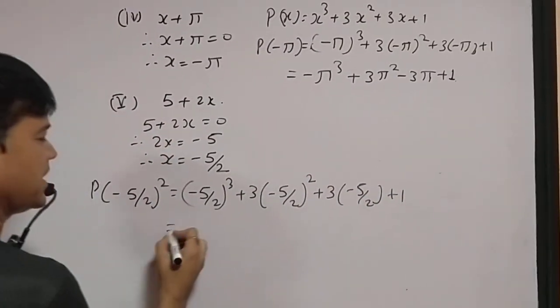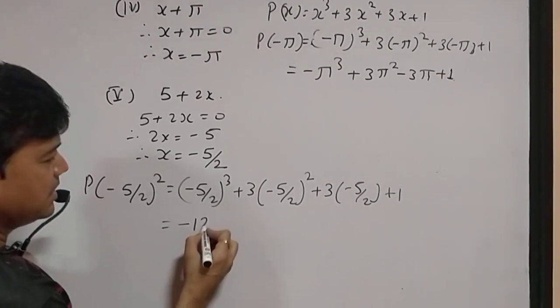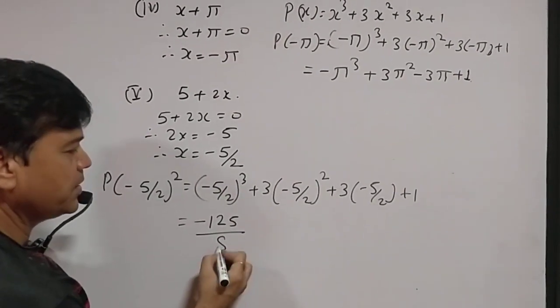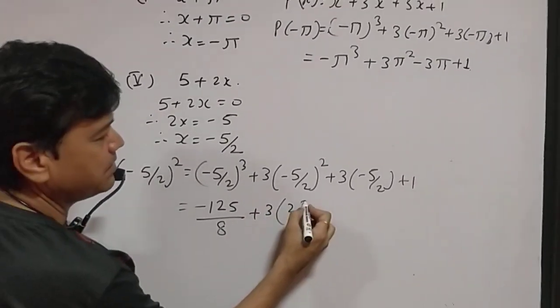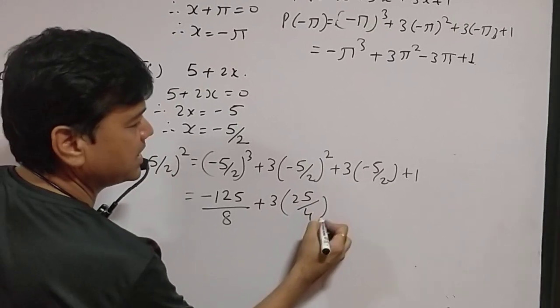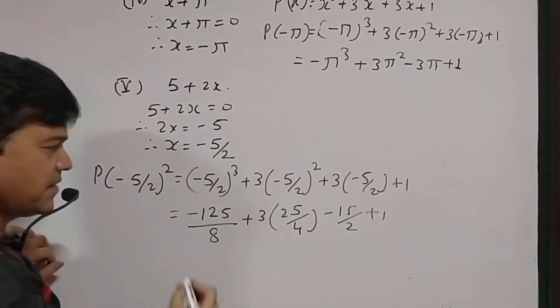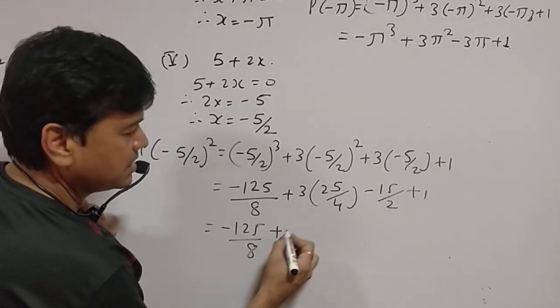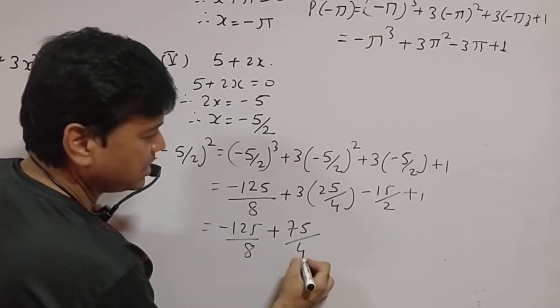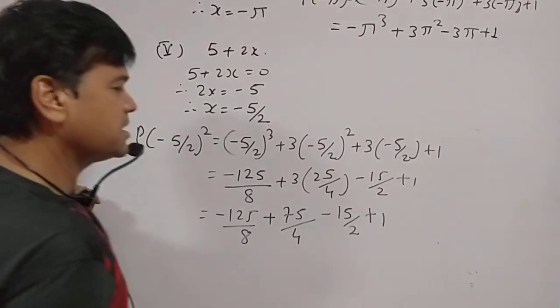Minus 5 cube is minus 125, 2 cube is 8. Minus 5 square is 25, 2 square is 4. Minus 15 by 2, plus 1. So minus 125 by 8, plus 75 by 4, minus 15 by 2, plus 1.